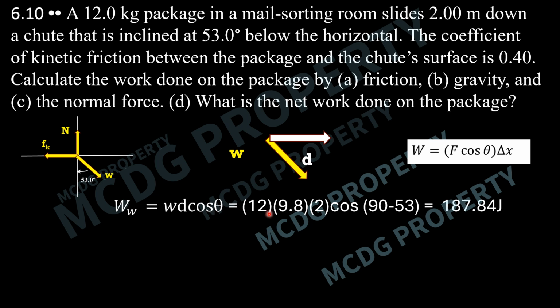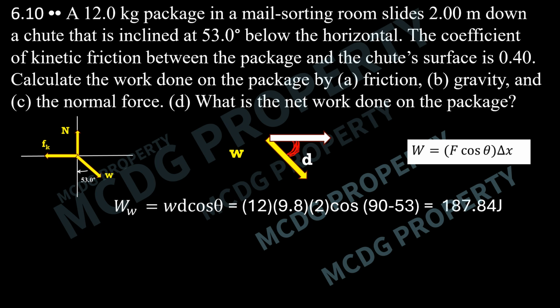So the work done by gravity is equal to W times d cosine theta. The weight of the package is mass times the acceleration due to gravity, so that's 12 times 9.8, times d, the distance moved by the package, which is 2 meters, cosine of the angle between the weight and the direction of motion. The angle between the weight and the direction of motion is this angle here.